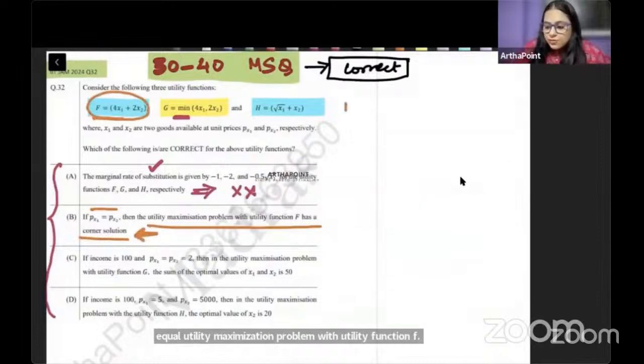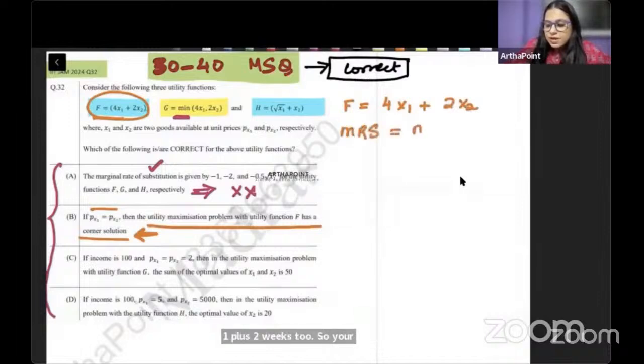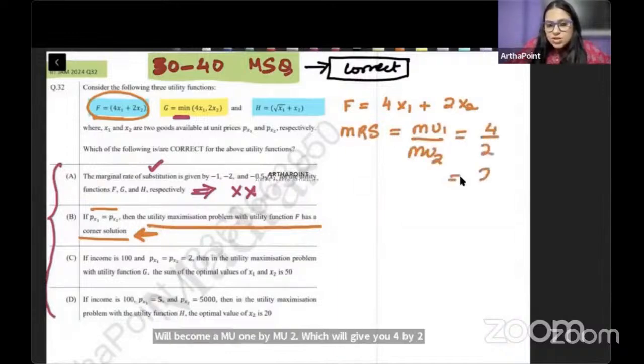Now look, for my utility function f, you have 4x1 plus 2x2. So your MRS will become MU1 by MU2, which will give you 4 by 2, which will give you the answer as 2. Absolutely, all of you are correct. So MRS is 2.